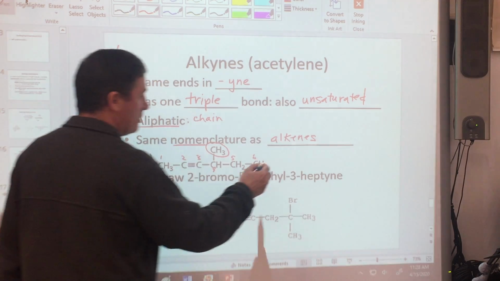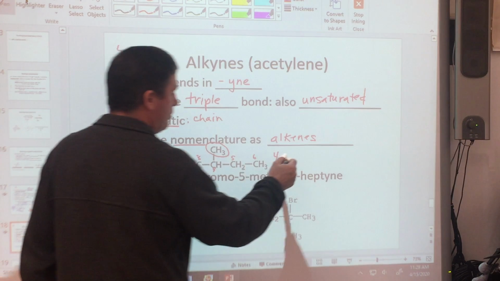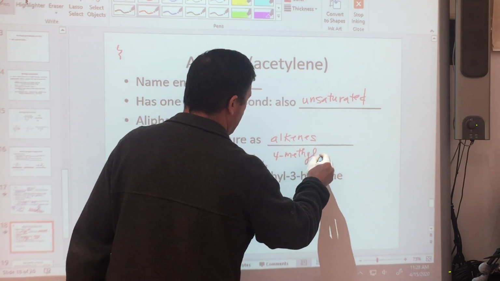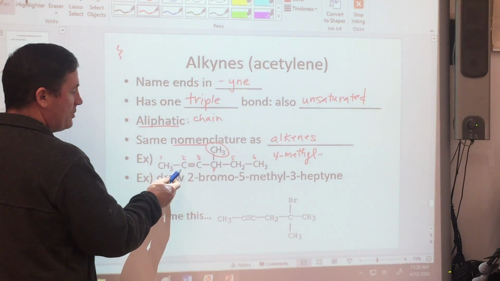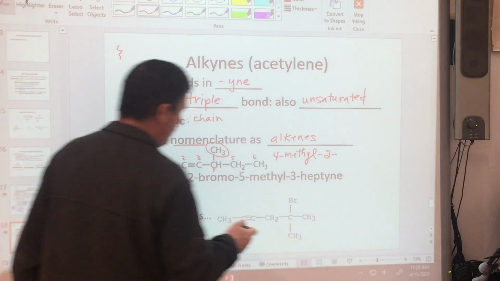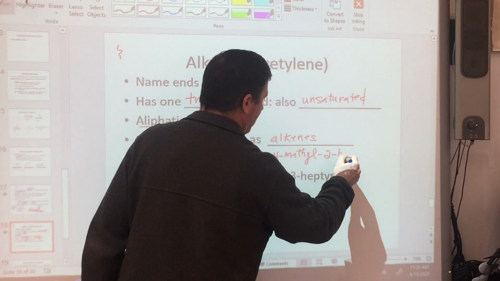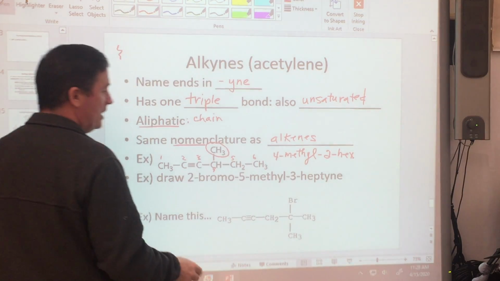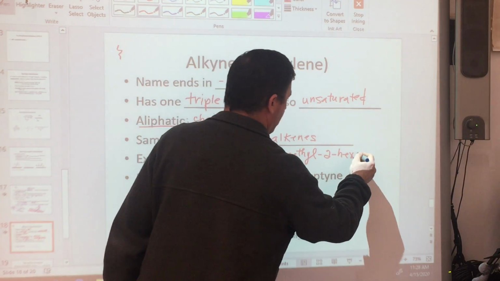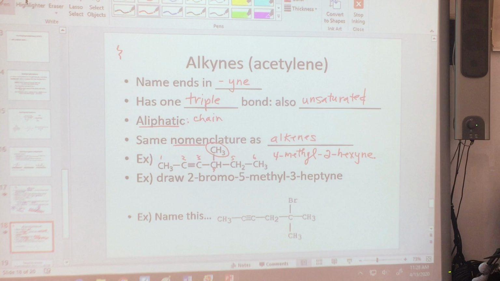It's on 4. So this one is 4. What is the substituent group? Methyl. Where's the triple bond? 2. How many carbons is it? 6. Is there a triple or a double bond? There's a triple bond. 4-methyl-2-hexyne.